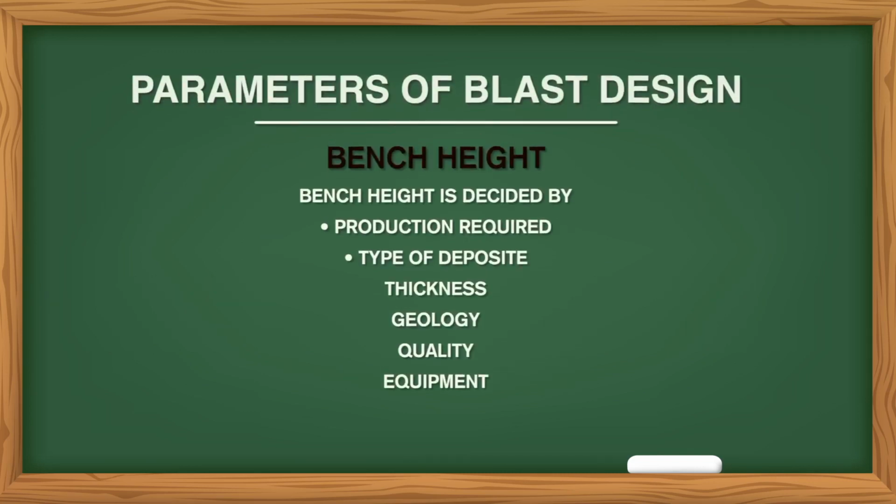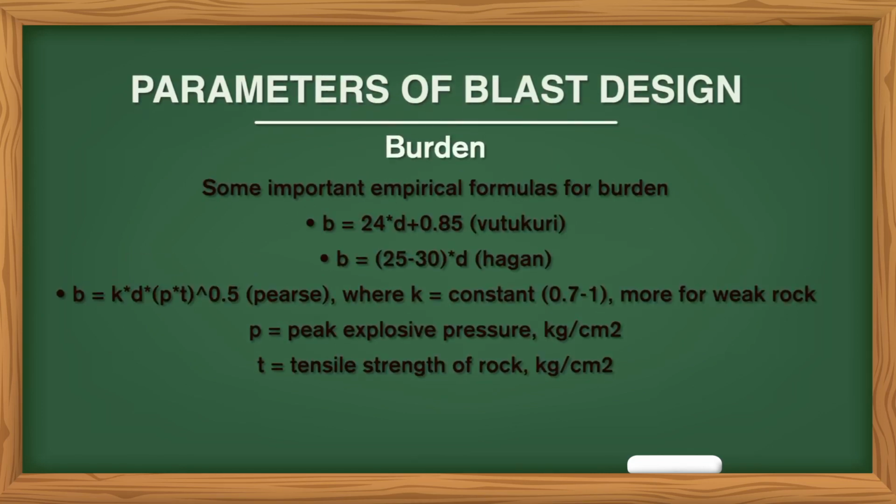Then bench height. Bench height is decided by first production required, second type of deposit, third thickness, fourth geology, fifth quality, sixth equipment. Next, burden. Some important empirical formulas for burden: B is equal to 24 into D plus 0.85, Utukari. B is equal to 25 to 30 into D, Hagen.